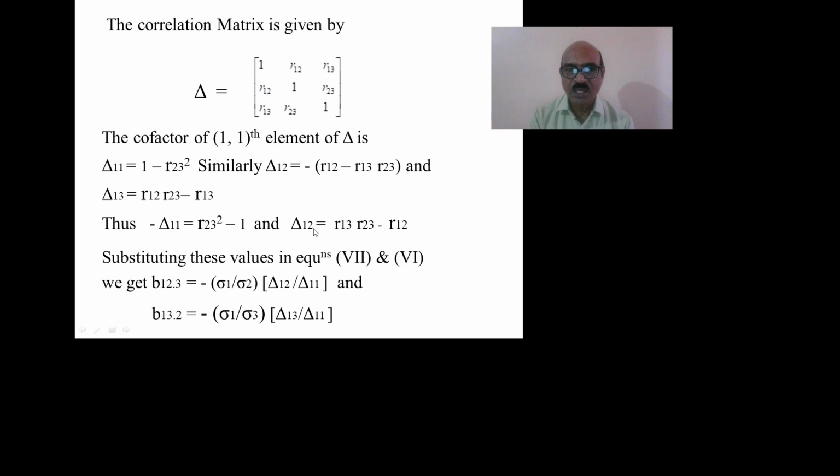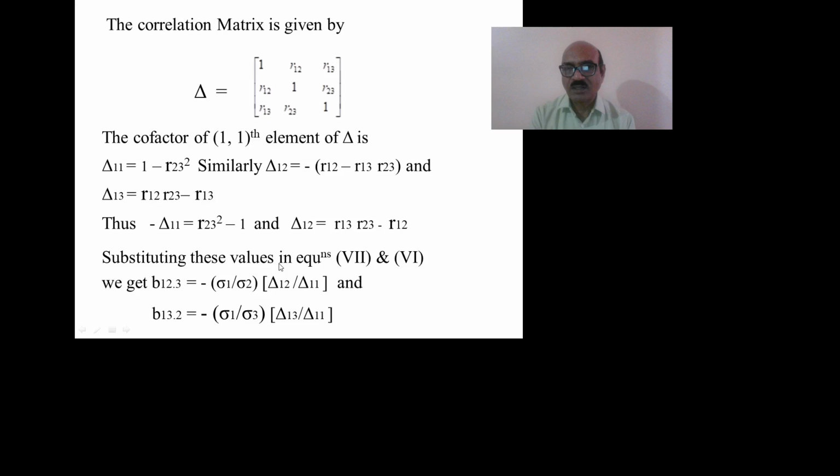Now I'll substitute these three values, delta 11, delta 12 and delta 13, in the expressions of B12.3 and B13.2, that is expression number 7 and 6 of the derivation. So finally we are getting B12.3 equal to minus of sigma 1 upon sigma 2 into delta 12 by delta 11, and B13.2 equal to minus of sigma 1 upon sigma 3 into delta 13 by delta 11.